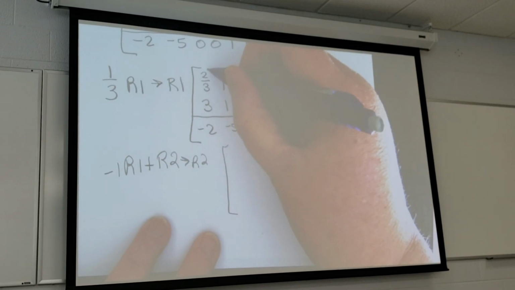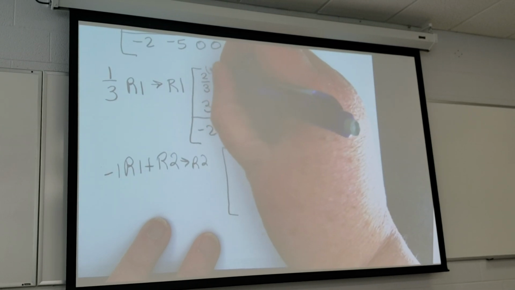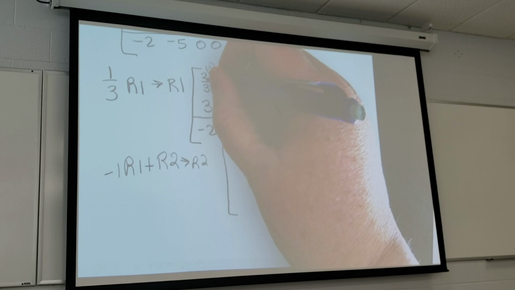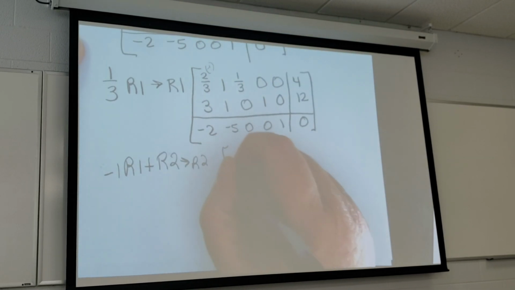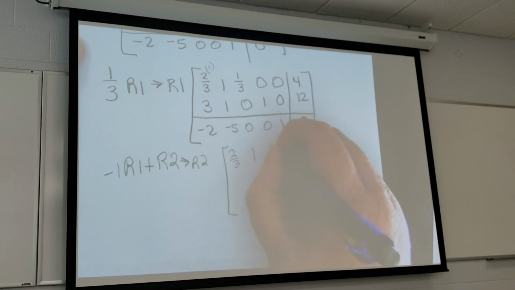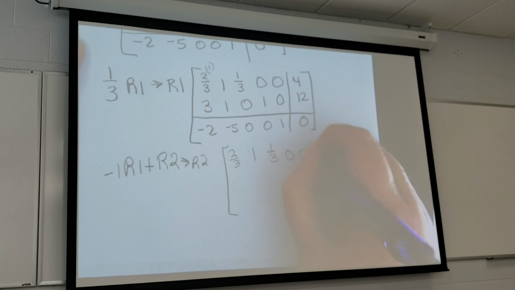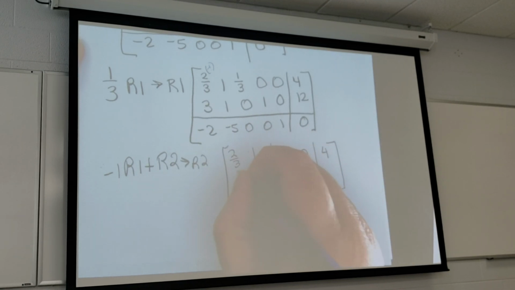Okay, so I have -1 times 2/3 is -2/3, and -2/3 plus 3.